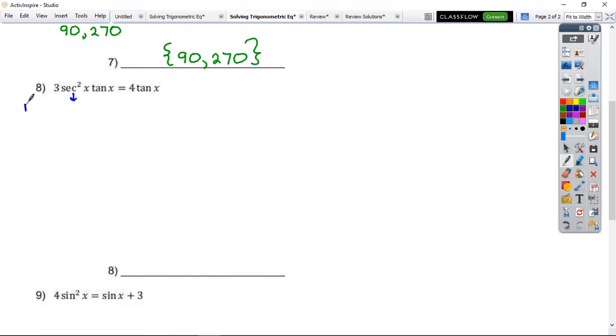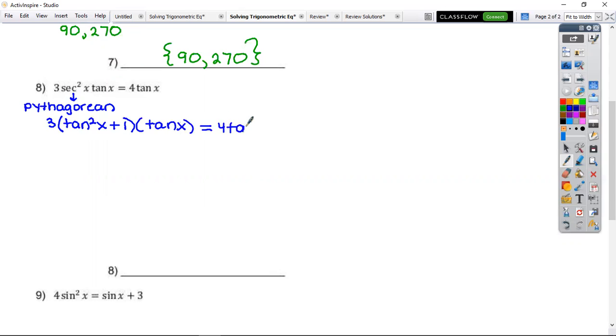Yep, Pythagorean. So this you're going to swap in with your Pythagorean identity. And what do we replace secant squared x with? Very good. Tan squared x plus 1, multiplied by the tan of x next to it, equal to the 4 tan of x on the other side.